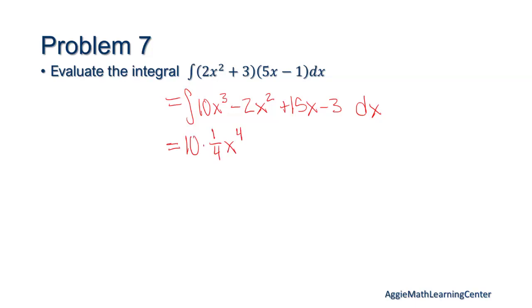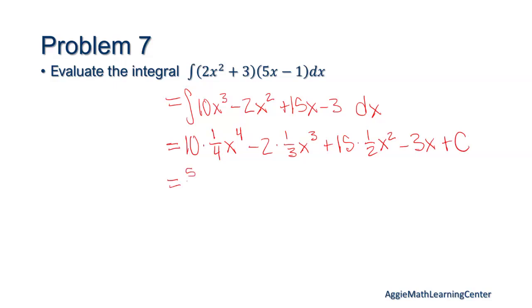Okay, and then we have negative 2 times 1/3 x cubed plus 15 times 1/2 x squared minus 3x plus c, our arbitrary constant. And then just simplifying this a little bit, we get 10 times 1/4.